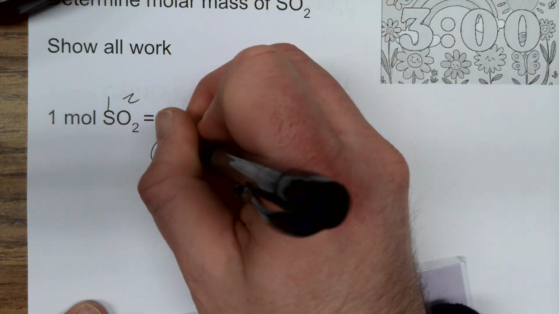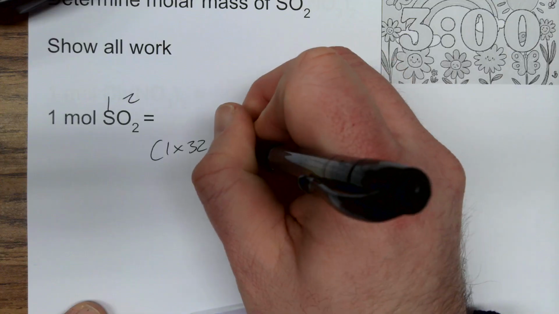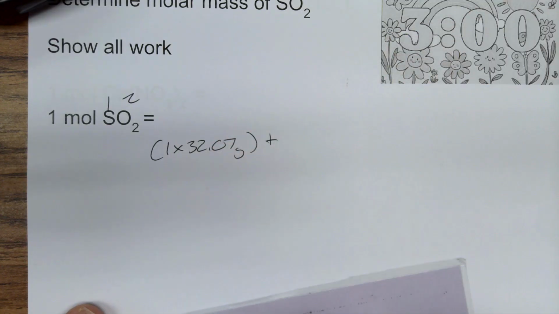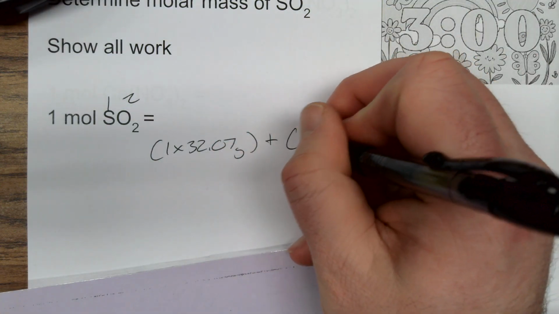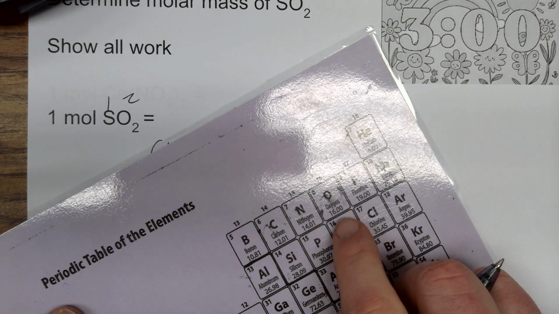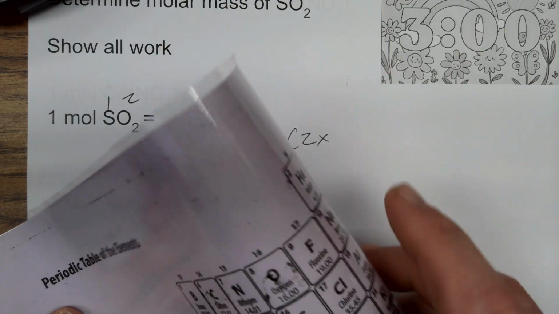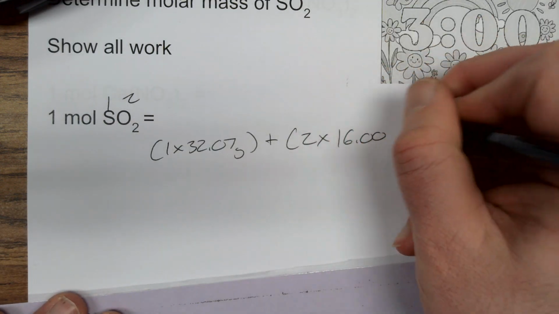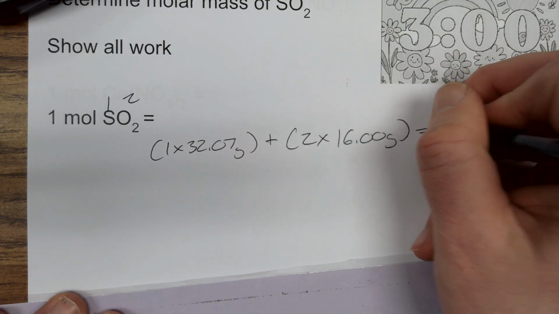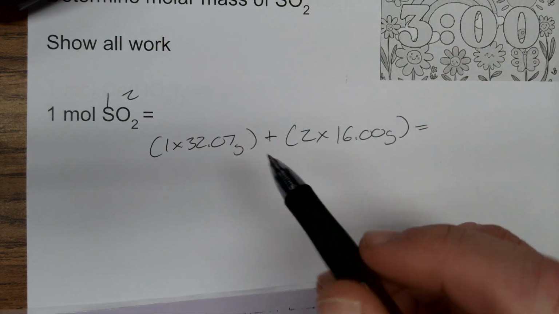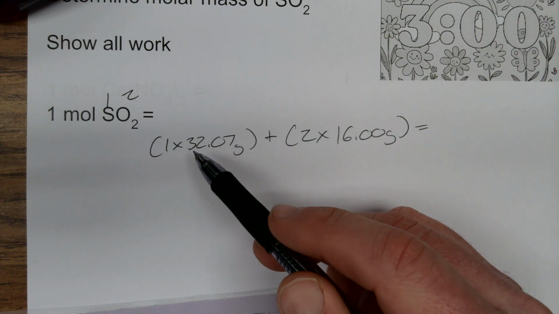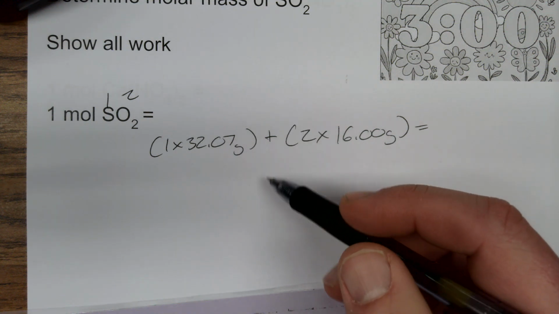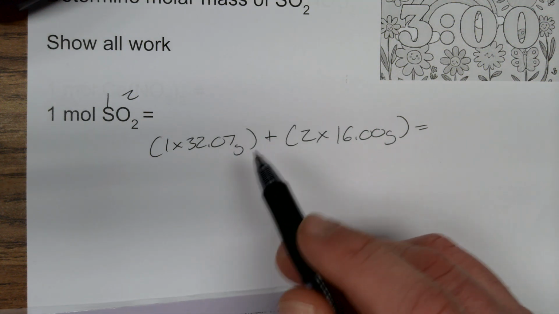So 1 times 32.07 grams plus, I have 2 oxygens, 16.00 grams. Now, to be fair, do I need to put the 1 times 32.07? There's only one sulfur. I would recommend that you do it.